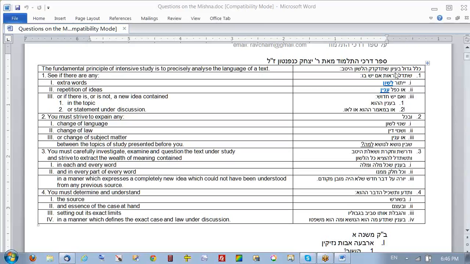Now, in language, that's what he calls lashon and iyun, which is the language that's being used, the physical words, and the message or the content that the language is expressing. And he said in both those areas you have to look for things which are extraneous.